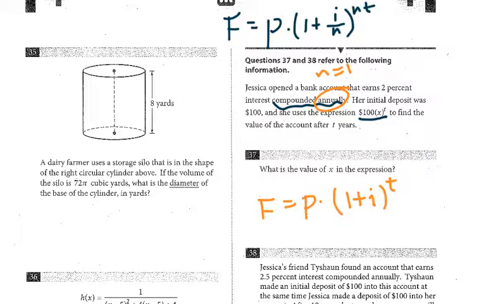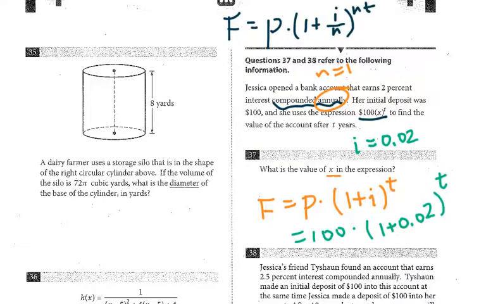Then I equals 2%, which means 0.02. So we can rewrite that as 100 times 1 plus 0.02 to the tth power. And we know the x will be 1 plus 0.02. That means 1.02 will be the answer.